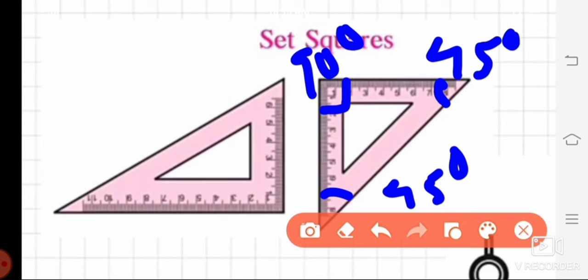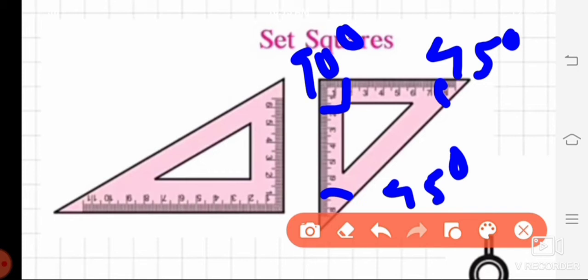So the other set square whose two sides are equal, the angles present in that set square are 90 degree, 45 degree and 45 degree. So you can use this set square to draw two angles. Which are those two angles? Of which measurement? Yes, you can use this set square to draw a 90 degree angle and a 45 degree angle.